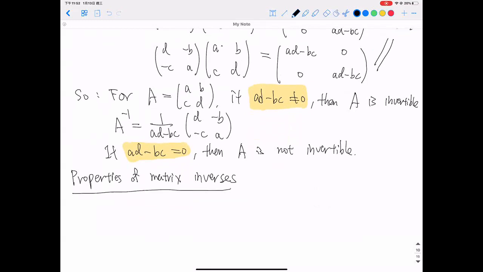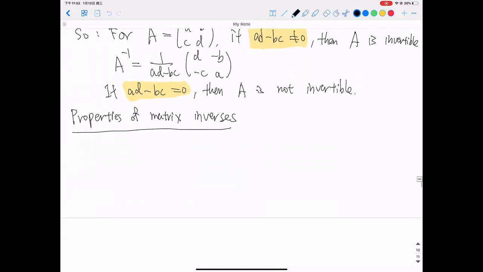Let's do the following theorem. Suppose A, B are both n by n invertible matrices.